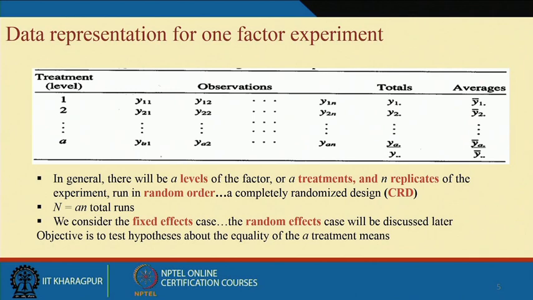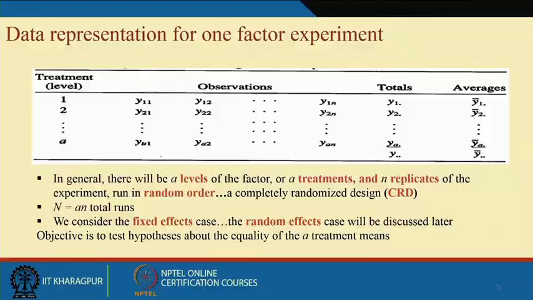It will be a hypothesis testing case, where you have more than 2 levels or treatments, and you want to test whether the mean response across the different treatments is equal or not. So, equality of treatment means across various treatment levels.